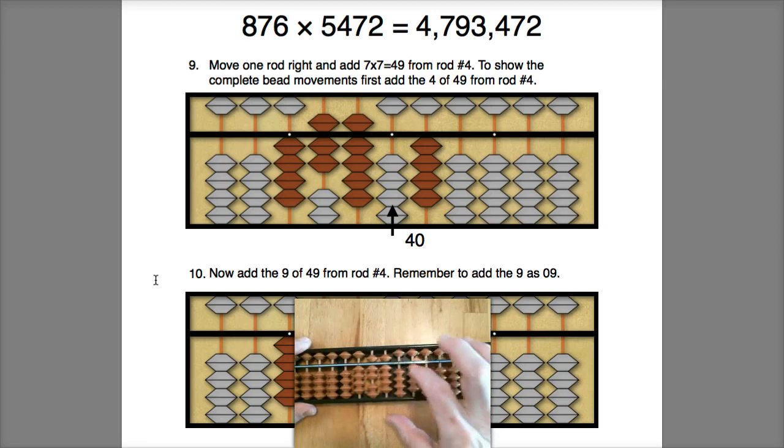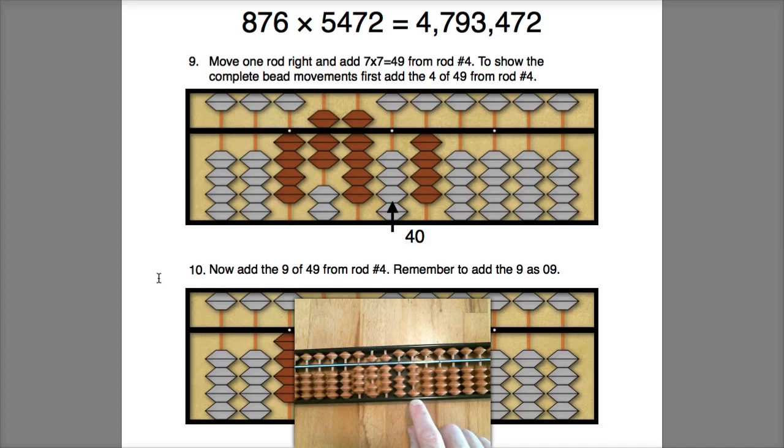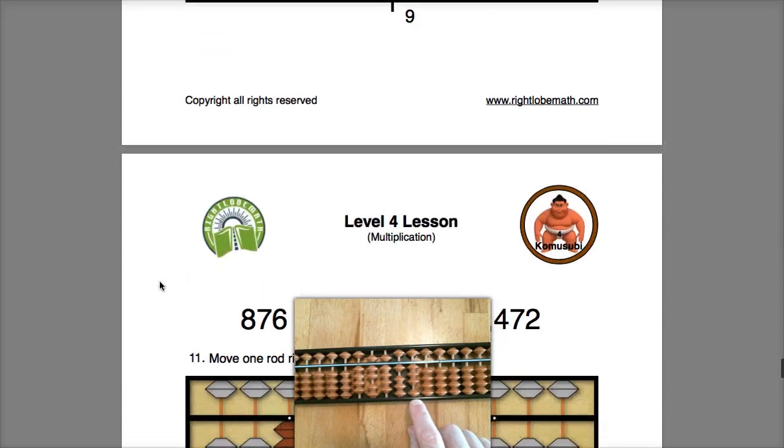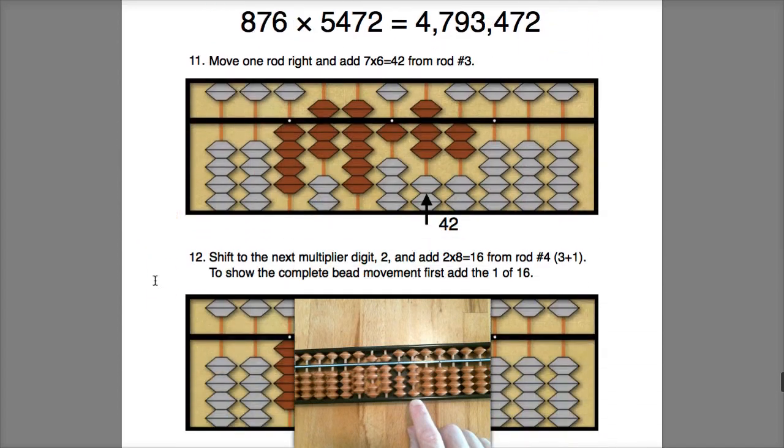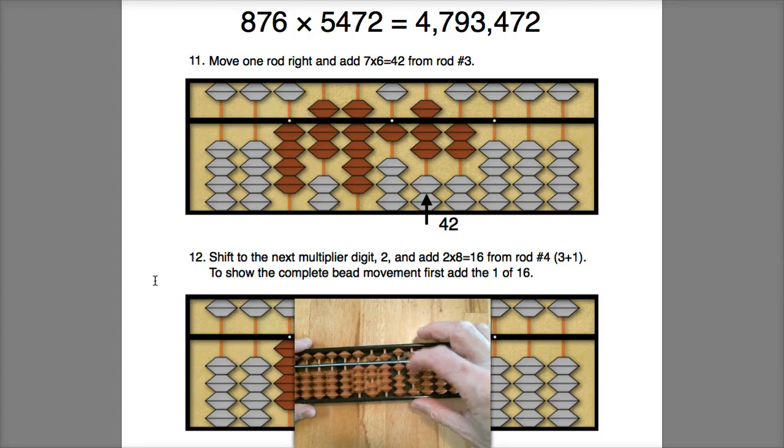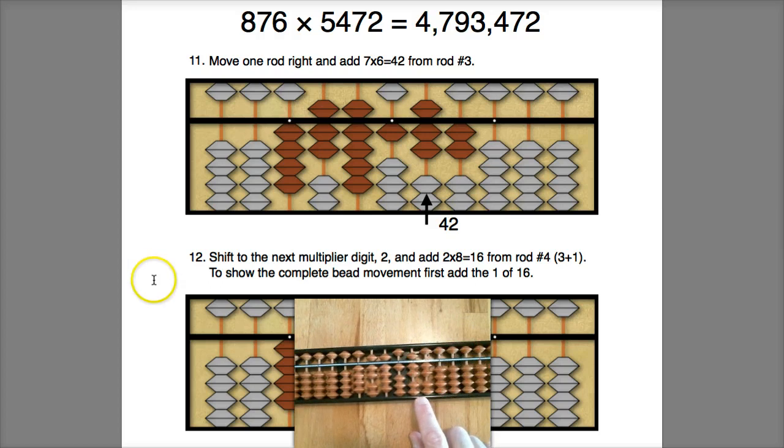So we'll do 49. Okay. And then we're going to move one more rod right, and we're going to do 7 times 6 is 42 from rod number 3. So we're going to go ahead and add our 42 from rod number 3.